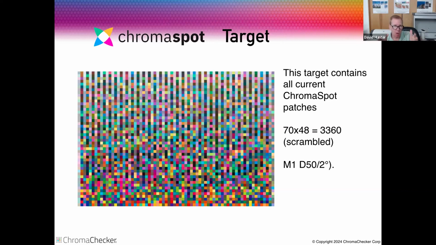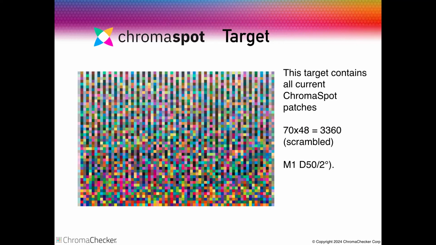If they don't support the CXF file format, I know we'll be able to export the ChromaSpot library in some other formats, but CXF is the one we're trying to get everyone to point to. But if someone wanted a CGATS version of the ChromaSpot library, I'm sure it wouldn't be a problem for us to export it as a CGATS.